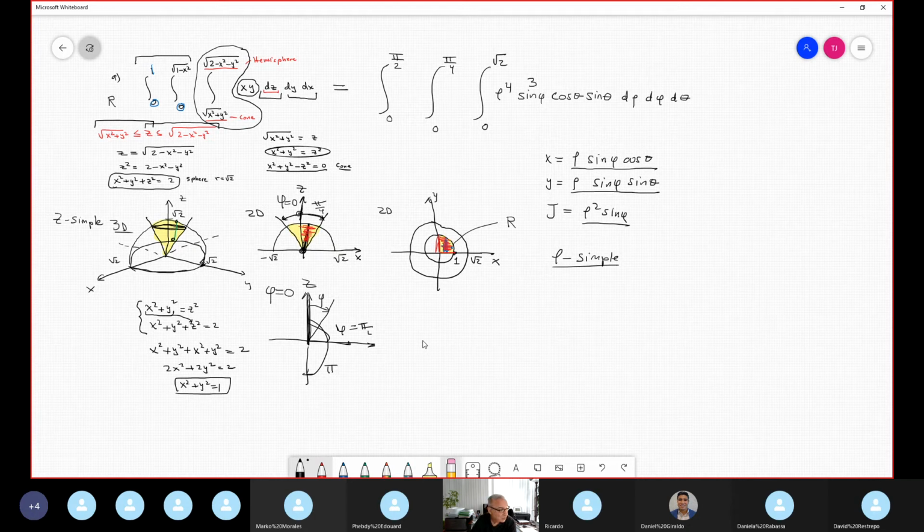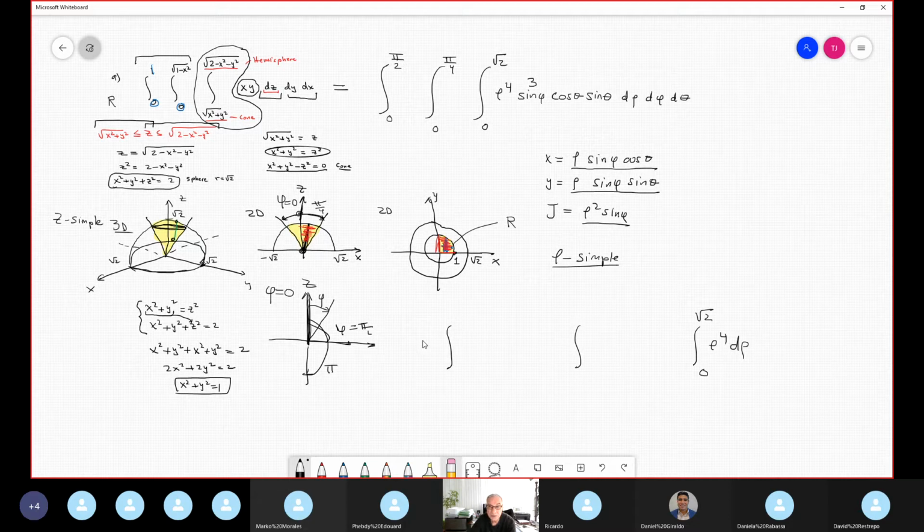Okay, so basically we have one integral, 2 and 3 integrals, and for example, the first one is easy, it's rho to the 4 d rho, from 0 to radical 2. This was easy.